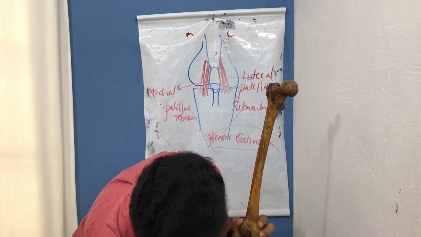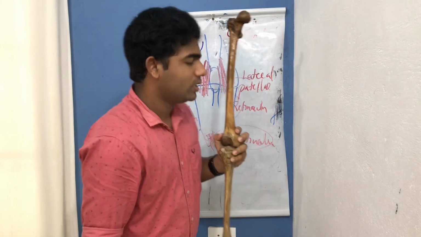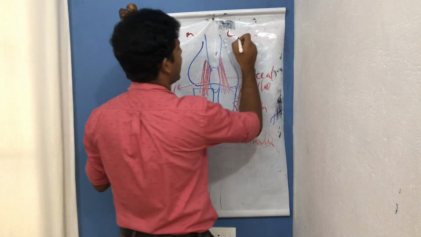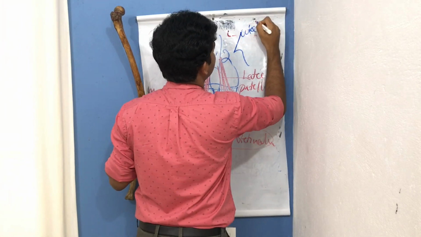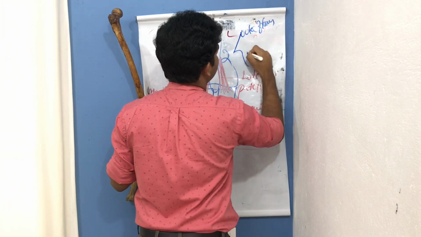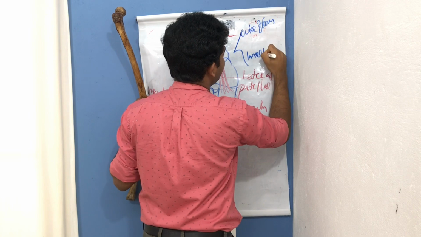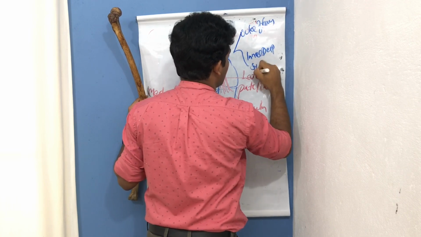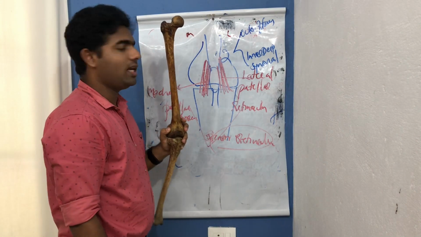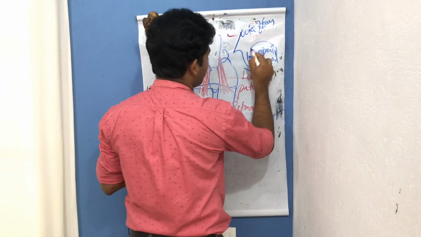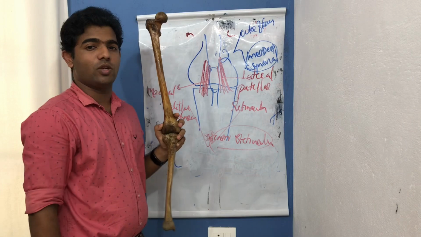And now the capsule of the knee joint is actually made up of two layers. That is the outer fibrous layer and the inner or deep synovial layer. This layer lines the synovial membrane and has the synovial fluid.